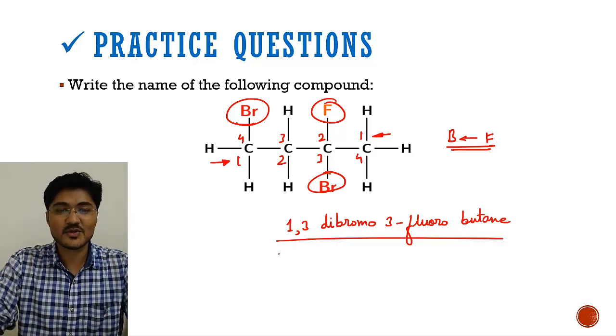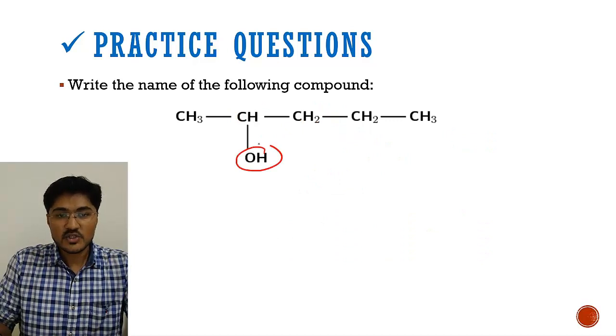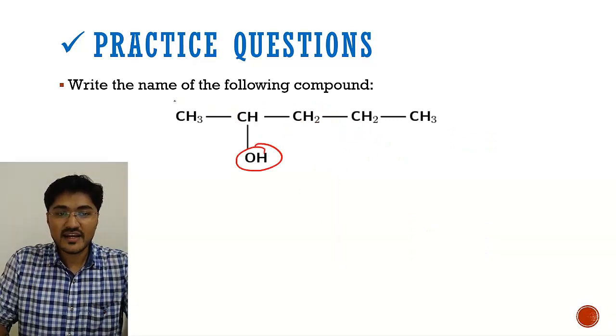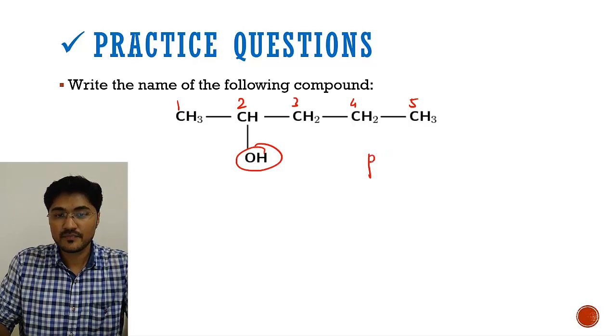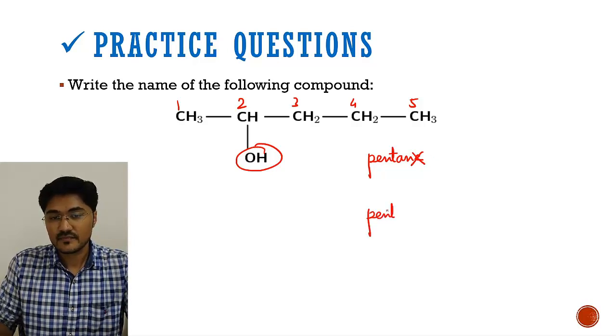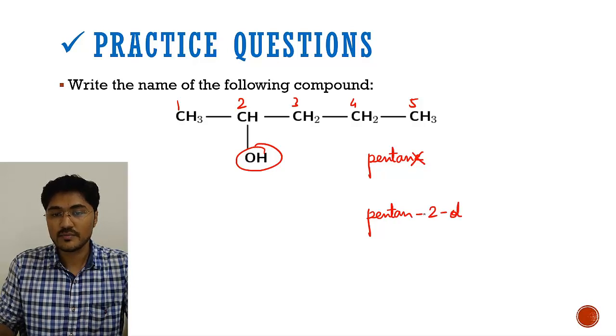Now let's look at the next question. Here OH group is attached to the second carbon, obviously because from this end it will have a larger number, so we have 5 carbons, so it becomes pentane because of 5 carbons, but here we cannot write e, so it becomes pent-2-ol.